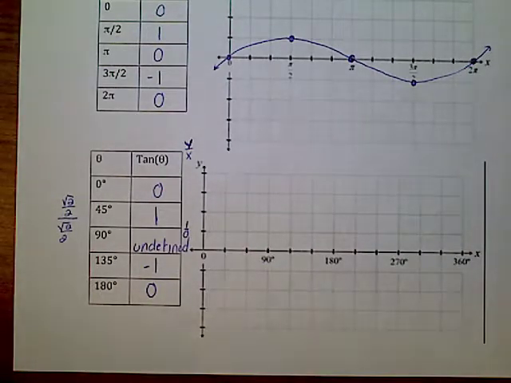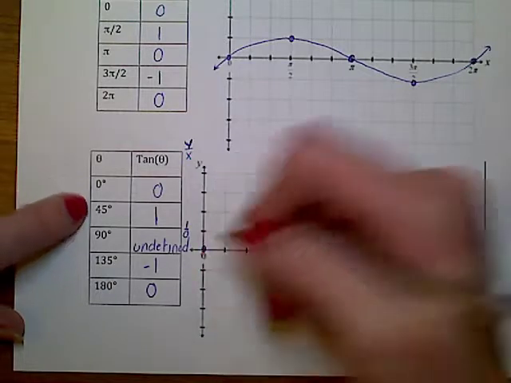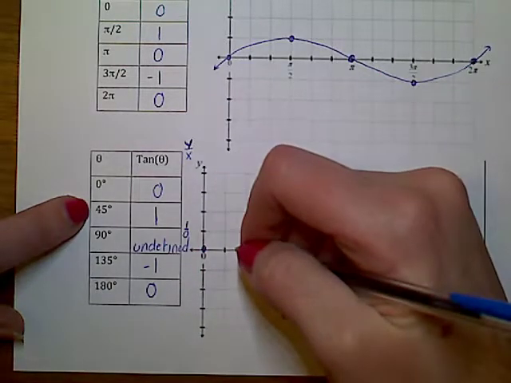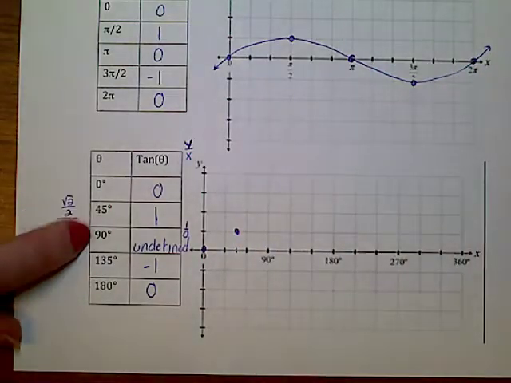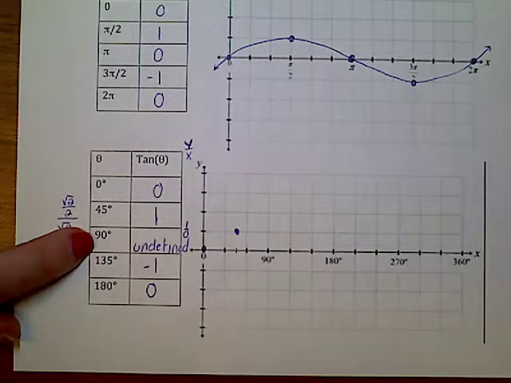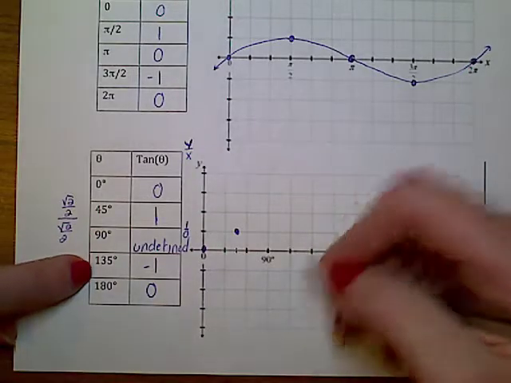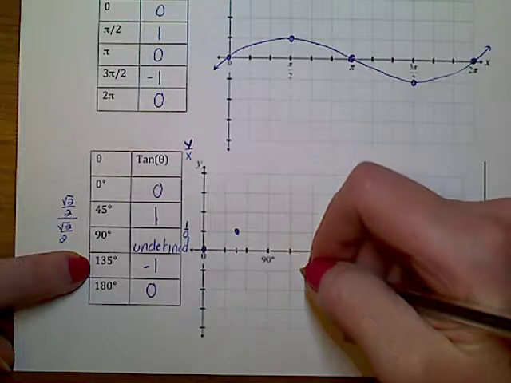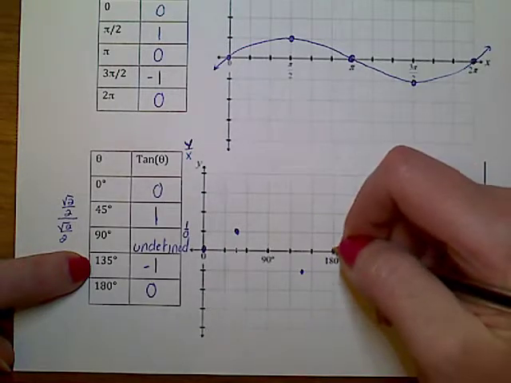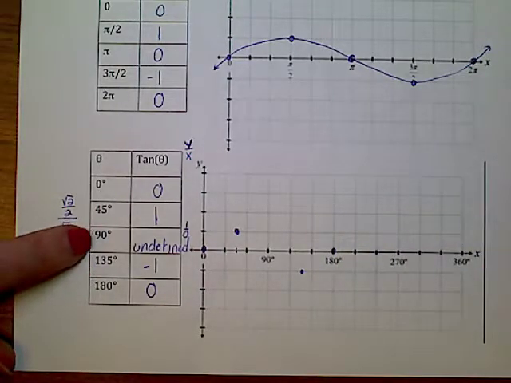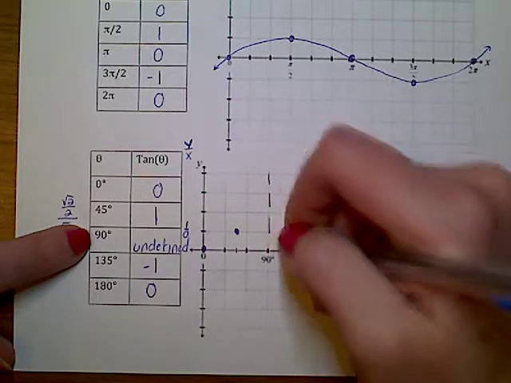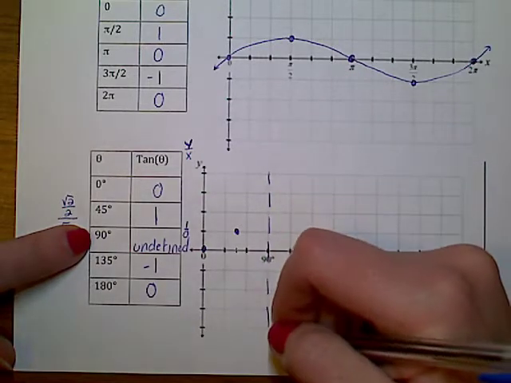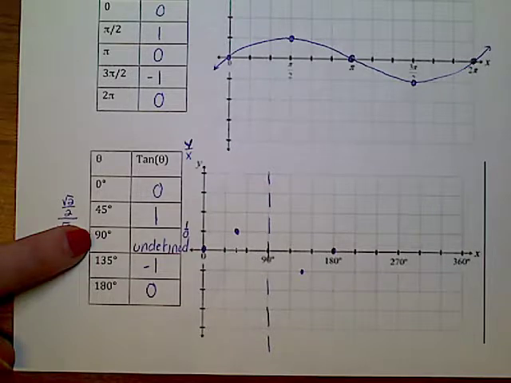So let's plot some of the points we know. We have a point here at 0, 0. 45, 1 would be actually about halfway between those two tick marks. 90 is undefined. Then we got a point again at 135, -1, and then 180, 0. Now, 90 degrees is undefined. Well, that actually means there is an asymptote right there.